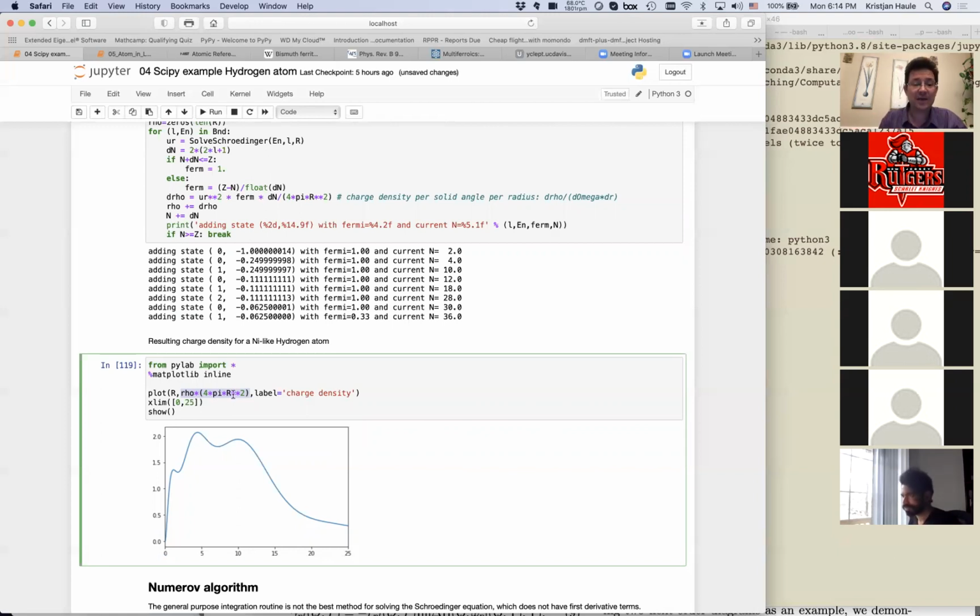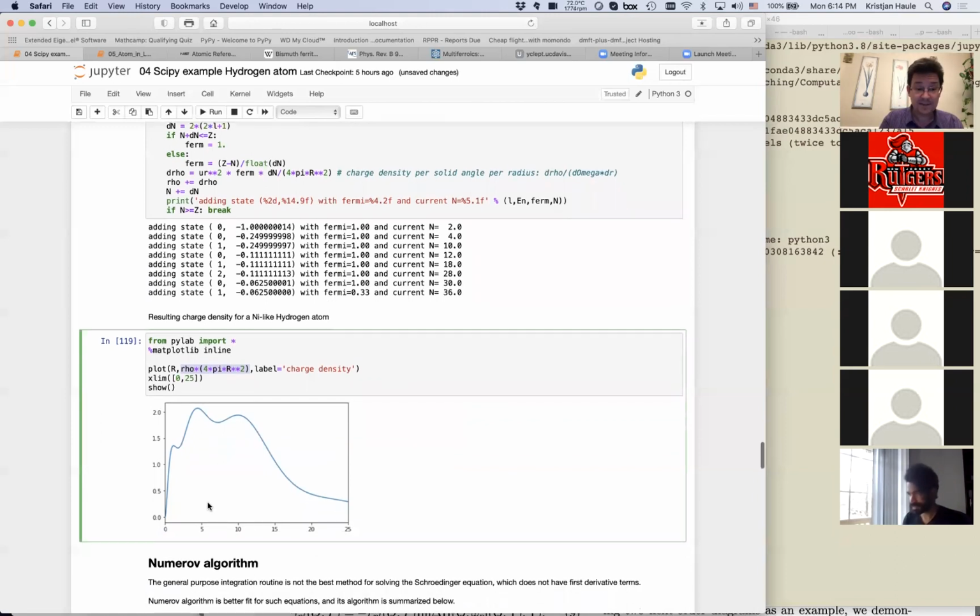So multiply with r squared. 4 pi is not so important, but r squared is important, because otherwise the charge density at small r is enormous. Charge density is enormous at small r, but it's integrally small. So therefore, this quantity is better to plot.